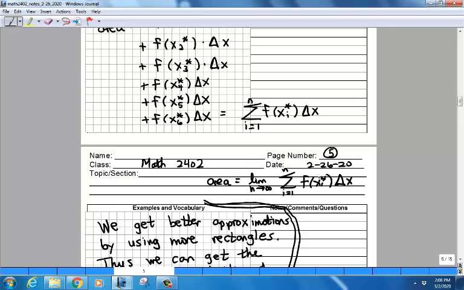So mathematicians are lazy. They do not want to write all of this out. So they have devised a more compact notation for this limit. And you know what that more compact notation is. It's this.